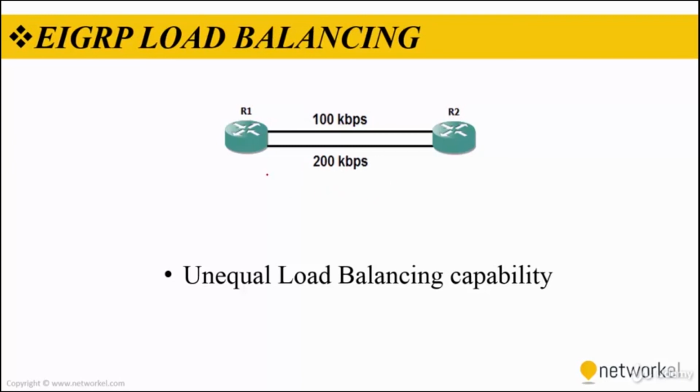For example, if I'm using EIGRP and if I need to make unequal load balancing, I can send 2 packets from that link and 1 packet from that link. That's the capability of the EIGRP.